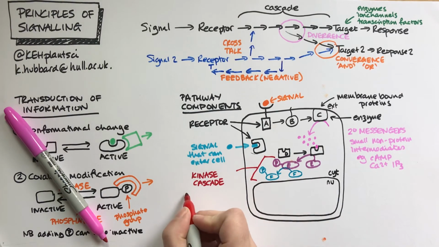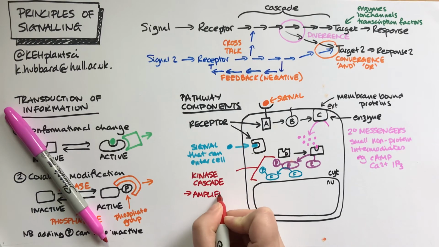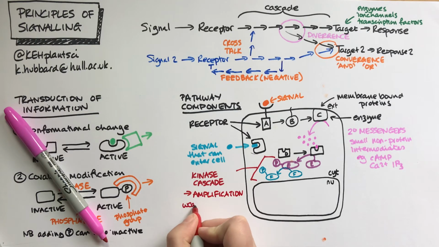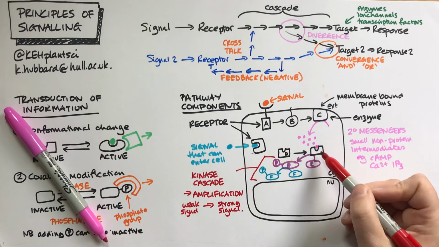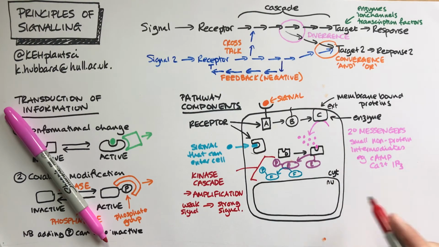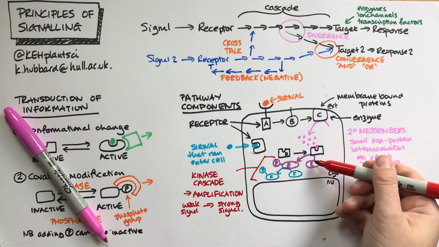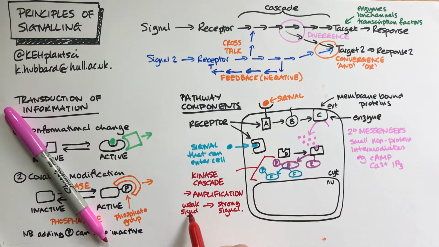kinases, and that gives us the really important property of amplification, which is the process of going from a weak signal to a strong signal. So if each kinase can phosphorylate 100 target proteins, that means that if you've got a kinase cascade, so one phosphorylates 100, and then each of those 100 phosphorylates another 100, you end up going from a very weak signal to a strong signal.